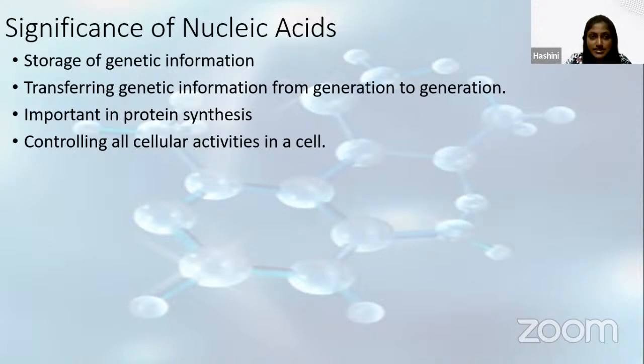And the next is these nucleic acids can transfer genetic information from generation to generation, right? They are not only stored in the nucleic acids, this genetic information can transfer from generation to generation. That is also a significance of nucleic acids.